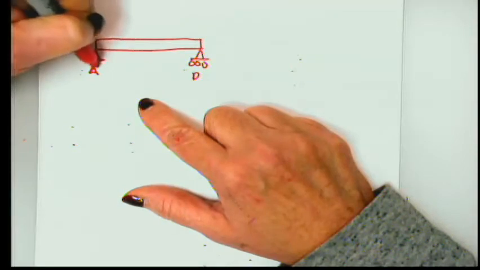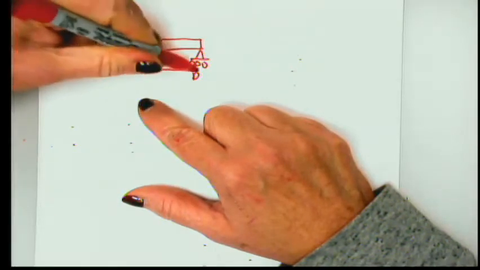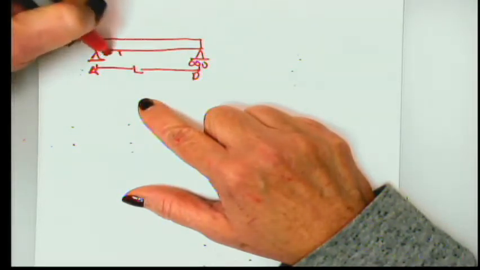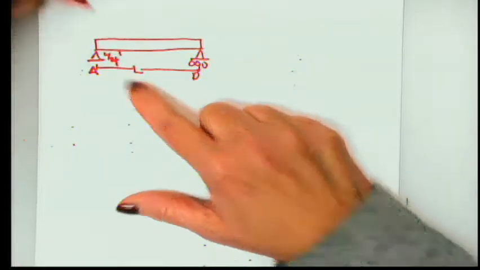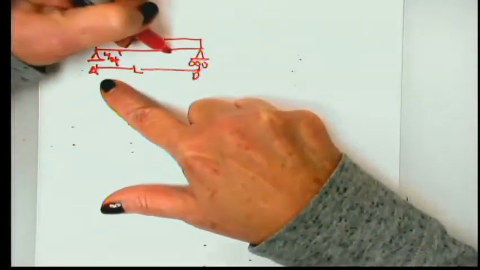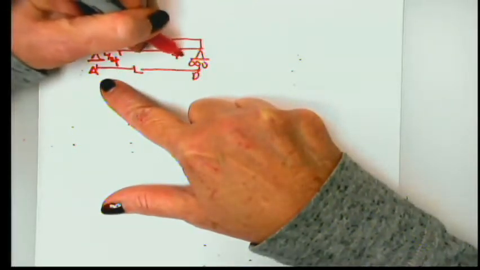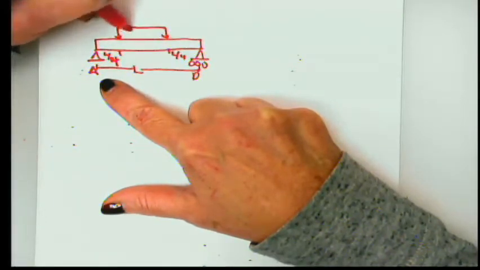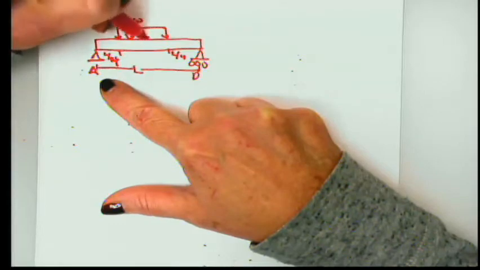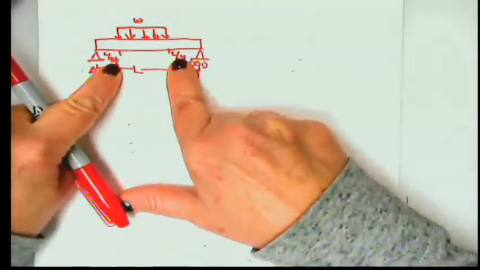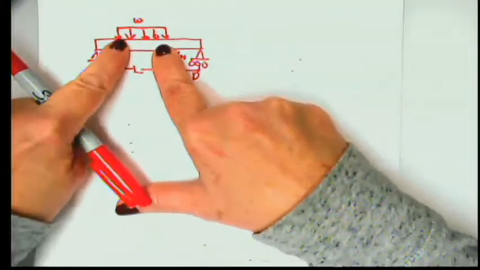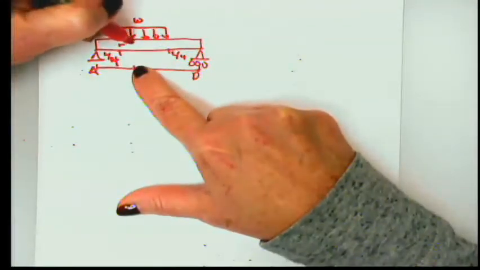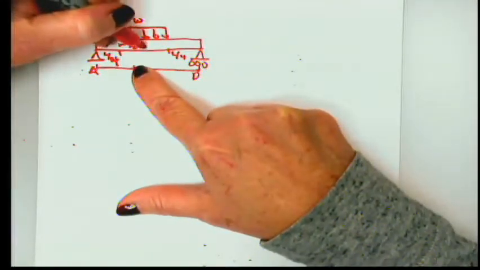And the entire length of the beam is L, but a quarter of the way in, and a quarter of the way from this end, we have a distributed load, which is w. All right, so if this is a quarter and this is a quarter, that means that what's left here is going to be a half times L, right?